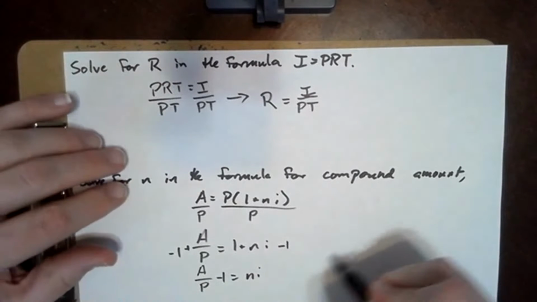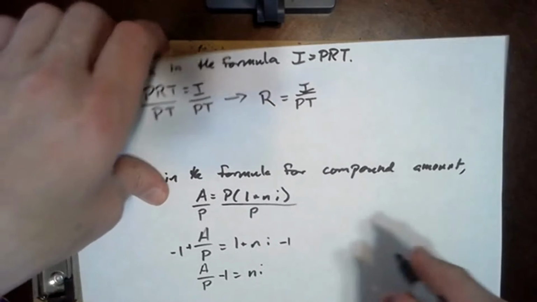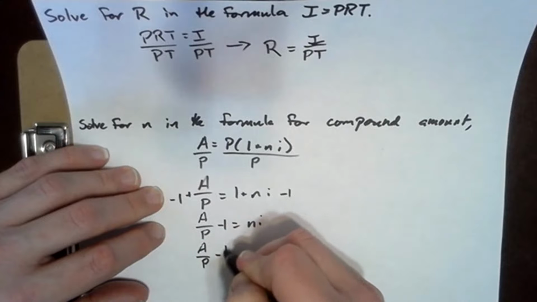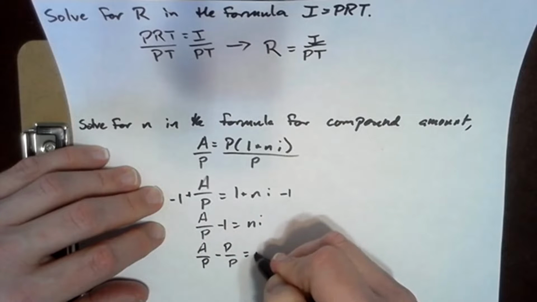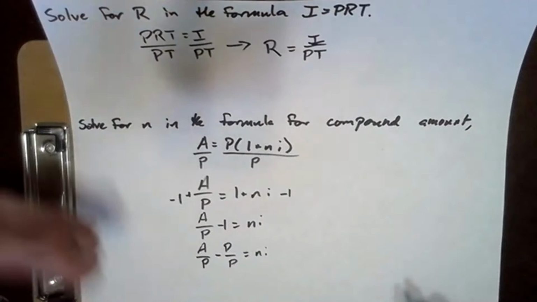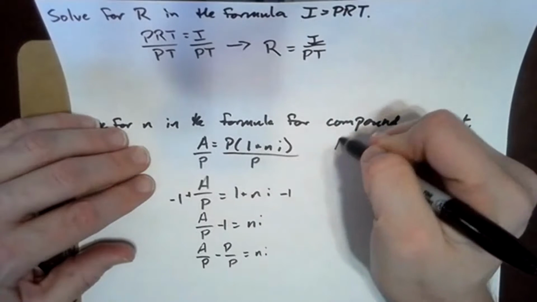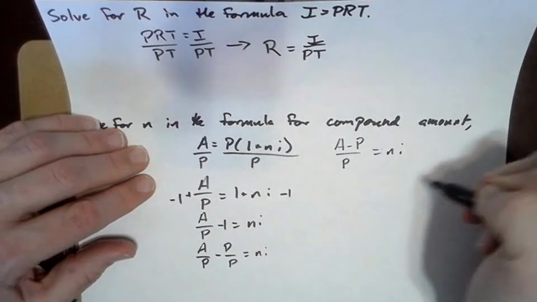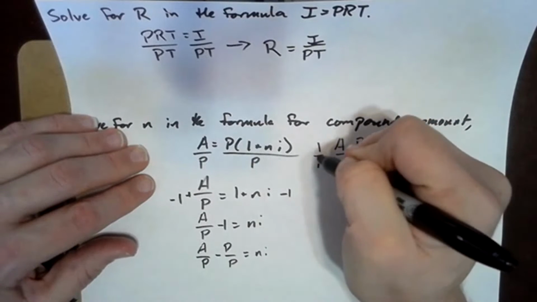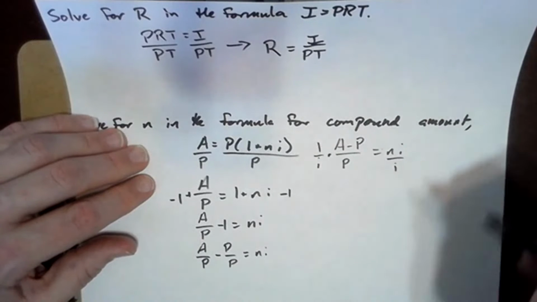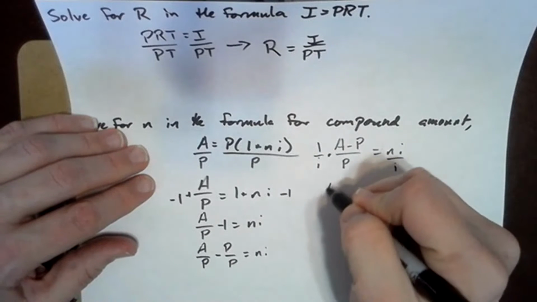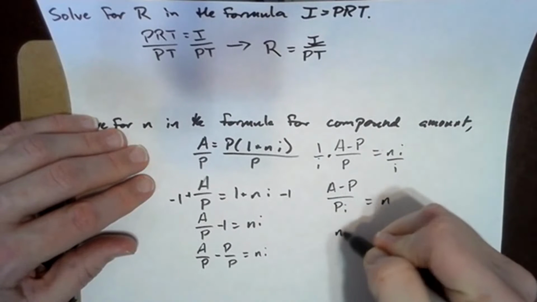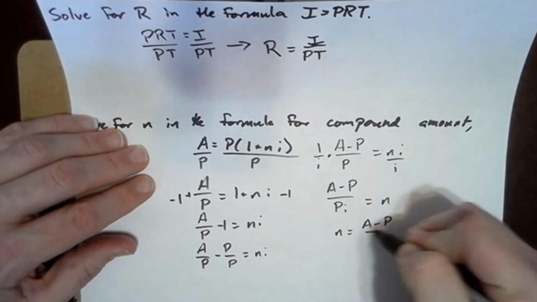And I'm going to change this a little bit so I get A over P minus P over P equals NI. And that allows me to rewrite this as A minus P over P equals NI. And now I can divide both sides by I and get A minus P over PI equals N, or N equals A minus P over PI.